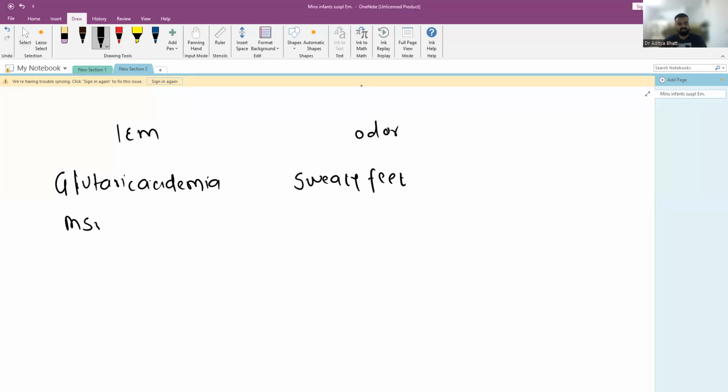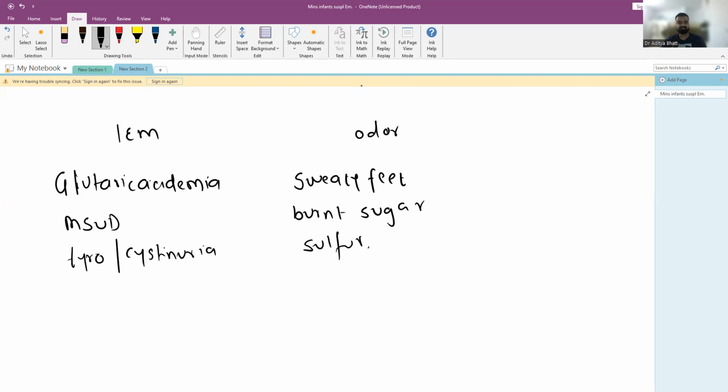Then MSUD has a burnt sugar smell, while tyrosinemia and cystinuria have a very sulfuric smell, sulfur type, rotten egg smell.